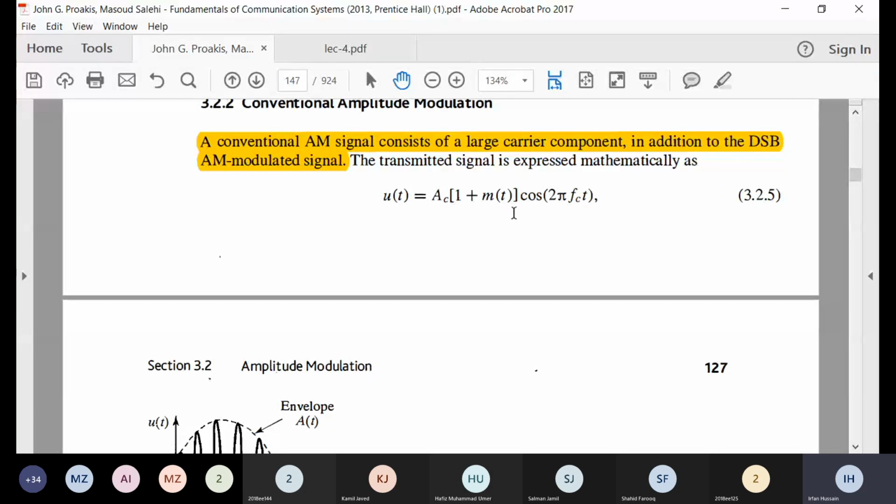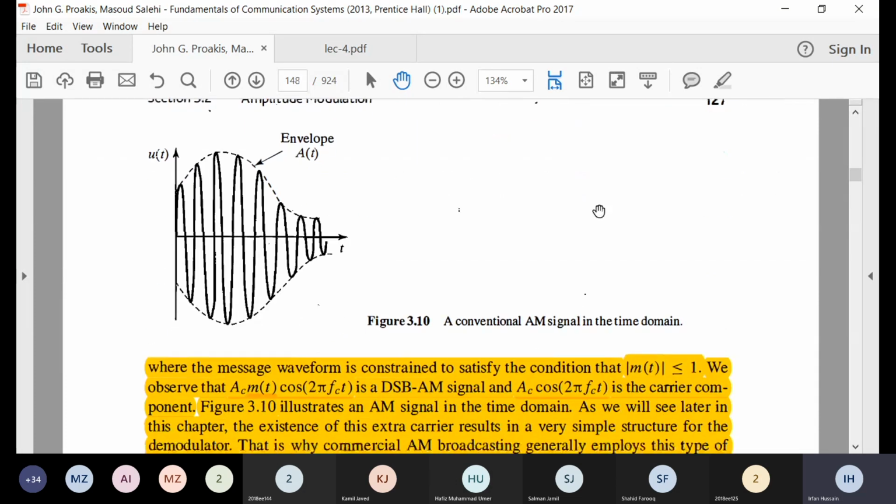You can see that A_c m(t) cos 2 pi f_c t is the same as a double sideband, but you have another signal A_c cos 2 pi f_c t. And we make sure that the A_c cos 2 pi f_c t is large in comparison to A_c m(t) cos 2 pi f_c t. How this is done will be explained as follows.